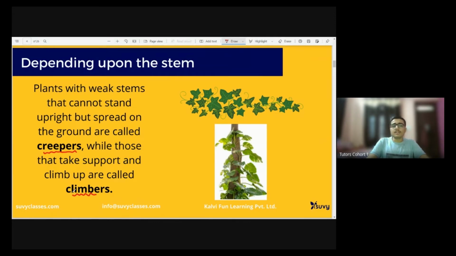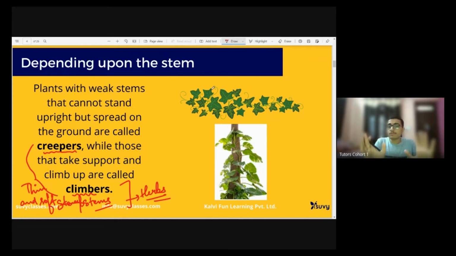Creepers and climbers both have a thin and soft stem. You might be thinking, are these herbs? Actually not. Herbs are plants of smaller size, and their stems are thin and soft. But creepers and climbers can be big.